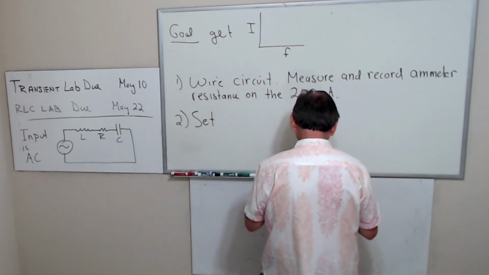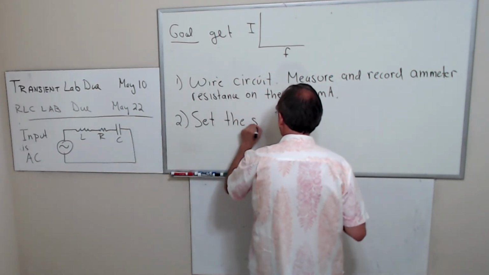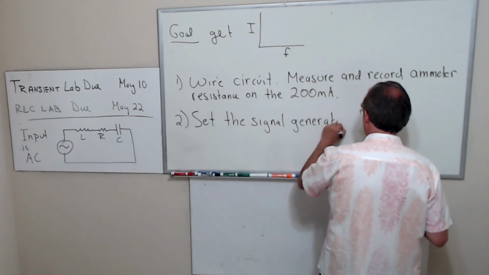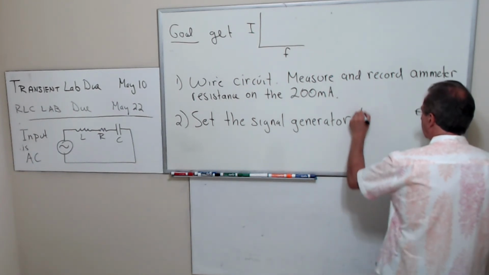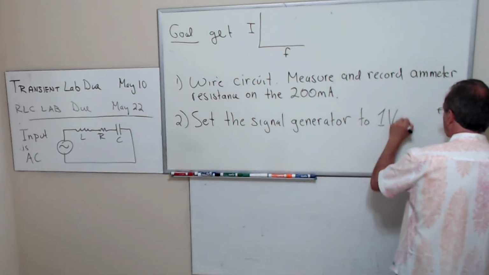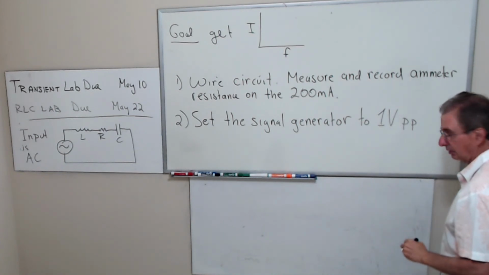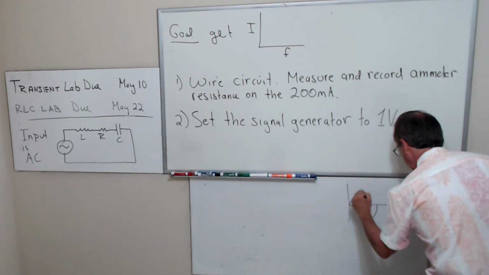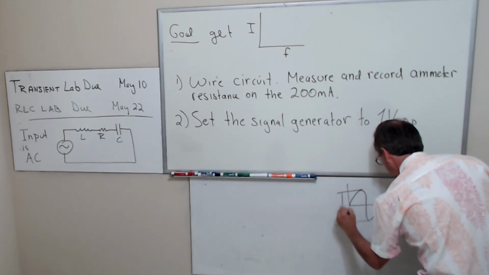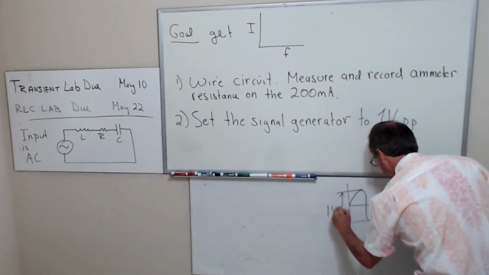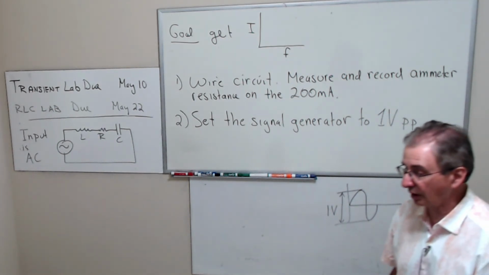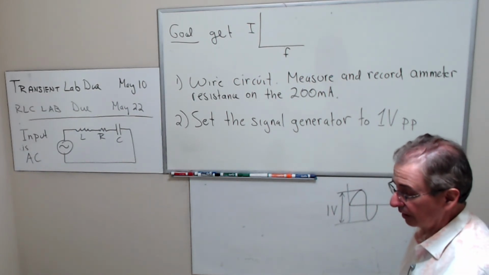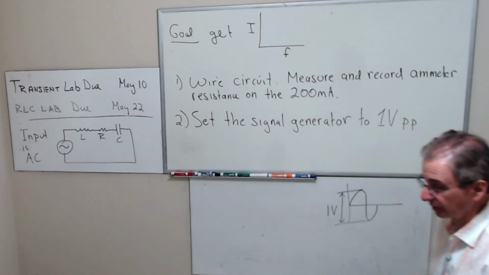Set the signal generator to 1 volt peak to peak. What do I mean by that? That's what I want, 1 volt peak to peak. Why do I want 1 volt peak to peak? Because if you put too much voltage, the signal generator cannot drive the circuit.